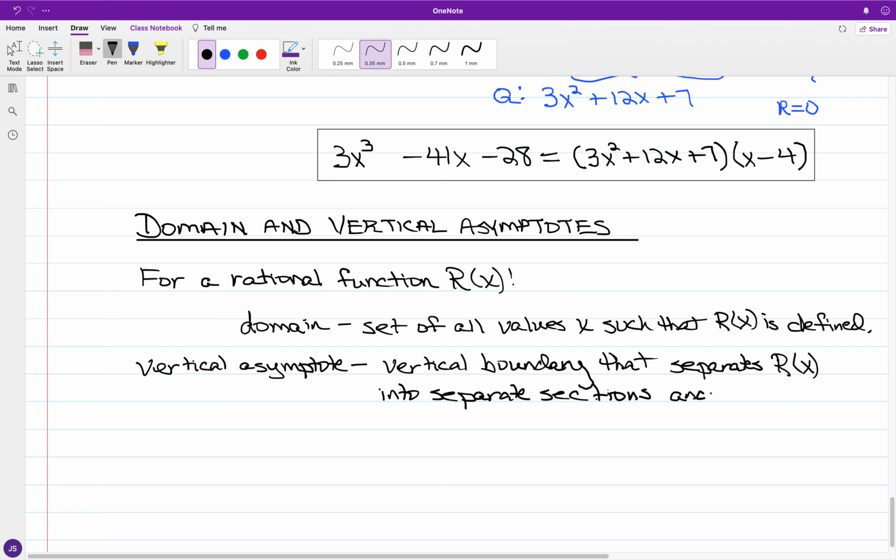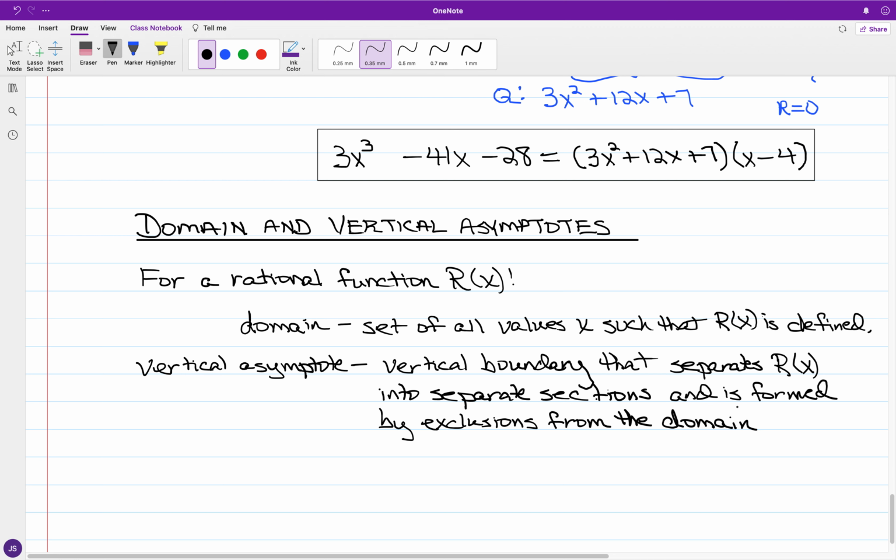And now the vertical boundary is going to be formed by exclusions from the domain. Okay, so you have exclusions from the domain, those restricted values.